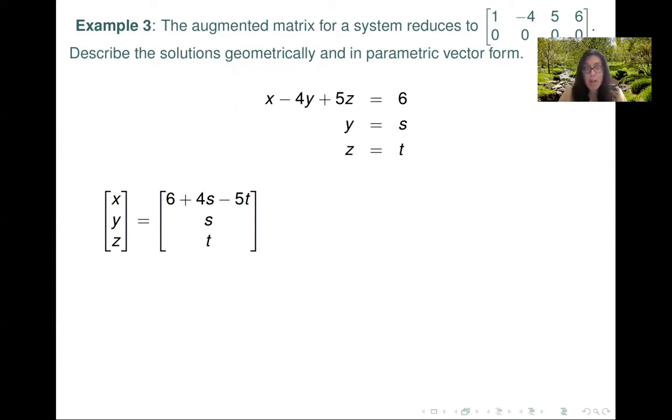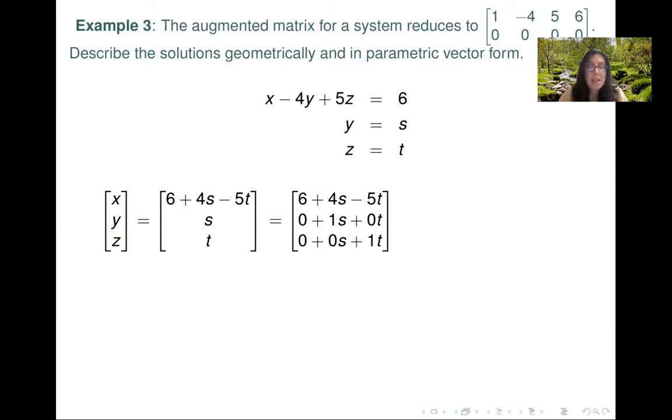So I can see that I have constant terms, multiples of s, and multiples of t involved in my solution. So I need to write every entry in that vector as a constant term plus a multiple of s plus a multiple of t. The x is already written that way. For y, that's 0 plus 1s plus 0t.